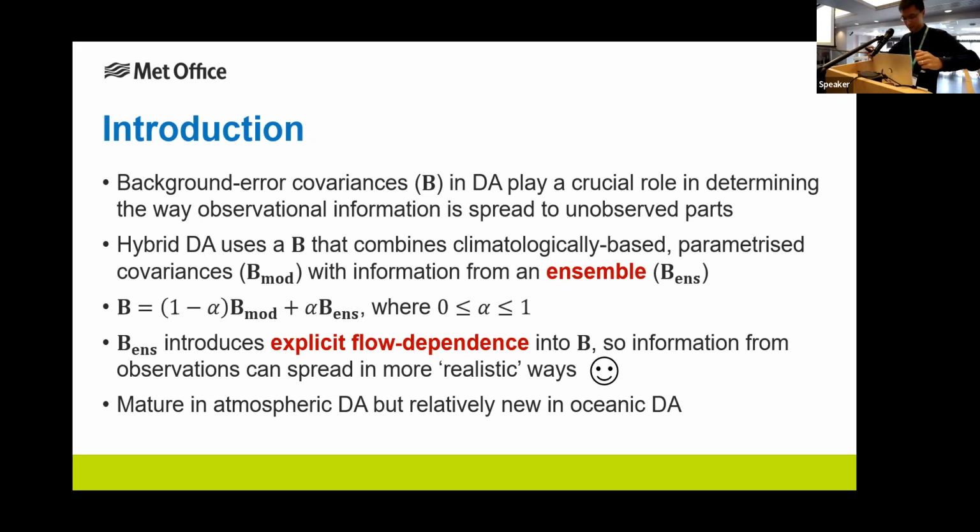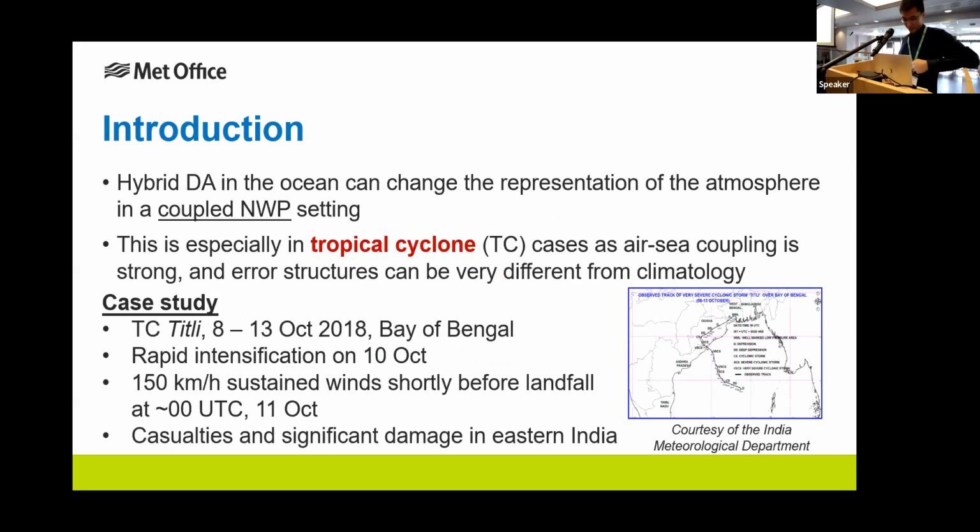So this hybrid DA approach is very mature in the atmospheric part of the system, in the NWP context, but relatively new in oceans. So what we're doing is to introduce hybrid DA in the ocean and to apply this in a coupled model setting, in coupled numerical weather prediction.